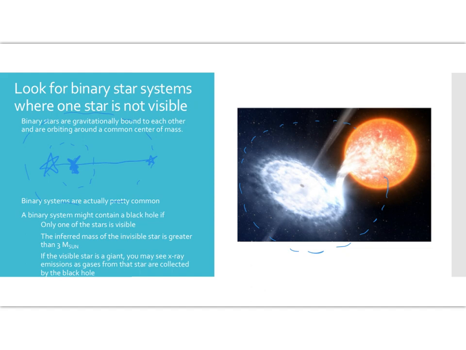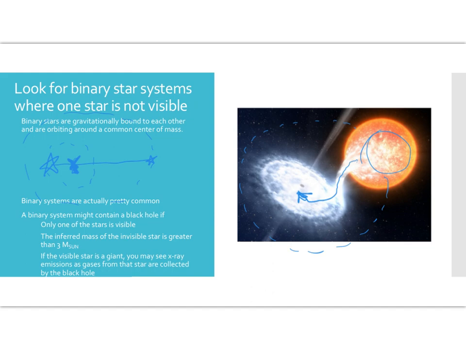And sometimes we will see signs of this because if the partner star goes into its giant phase and swells big enough, the gases from the outer part of this star could be sucked in by the gravitational field of the black hole.